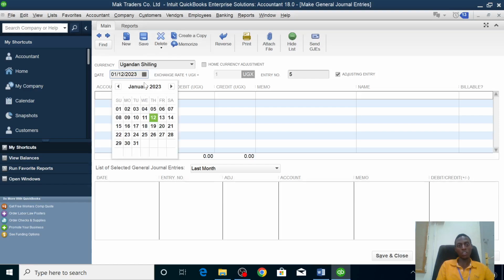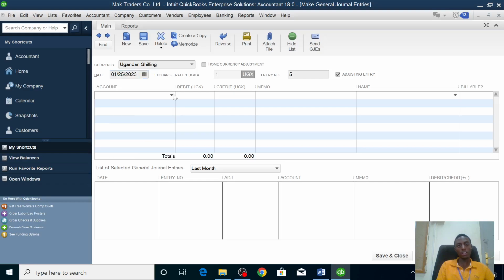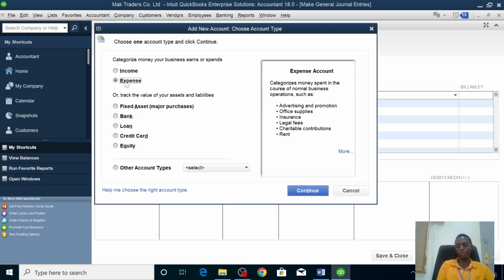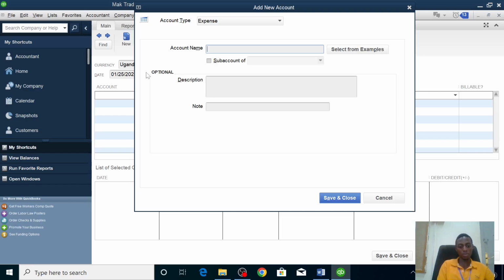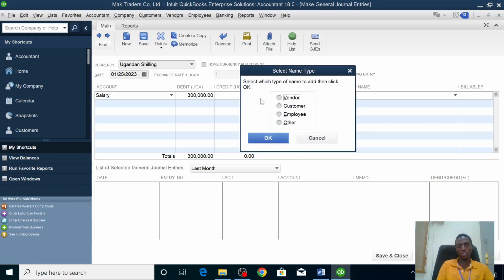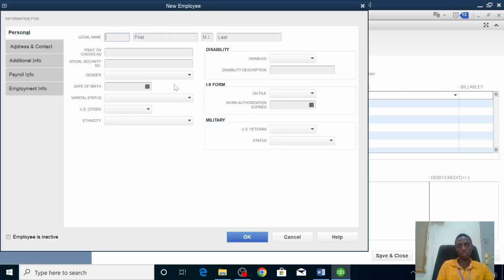Date 25th. Come here and put salaries, add new, expense, salary, 300 first. I come here, add new, employee, I say okay, and put the name Amada.